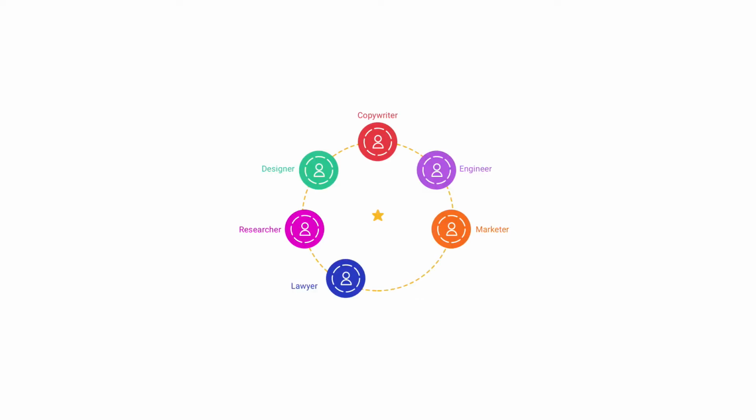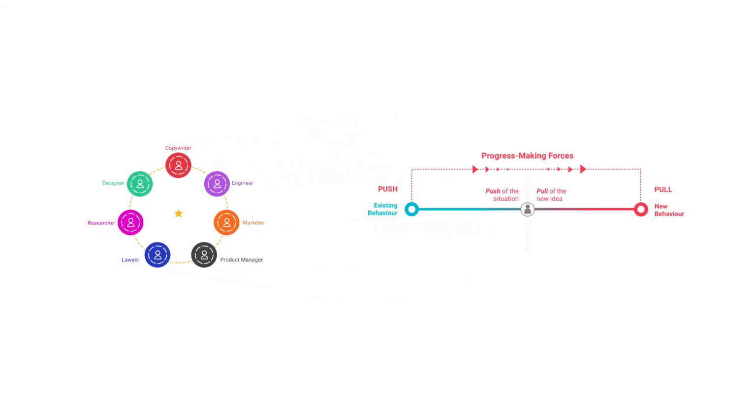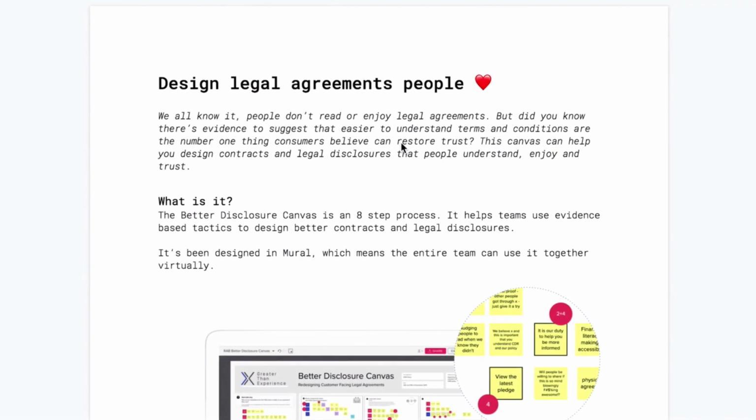Okay, so you've identified your A team. You've started trying to figure out the types of progress making forces that you can amplify, as well as the types of progress hindering forces you can counter. This is a really great way to kick that off. It's a simple proposal template for a better disclosure workshop.